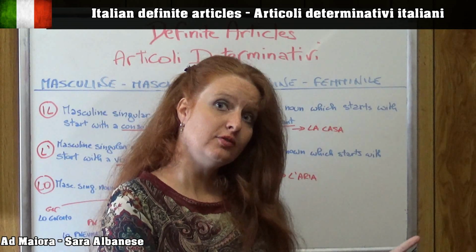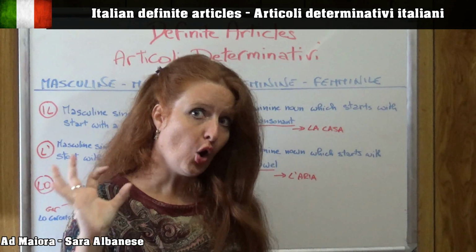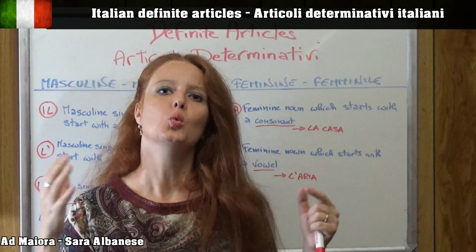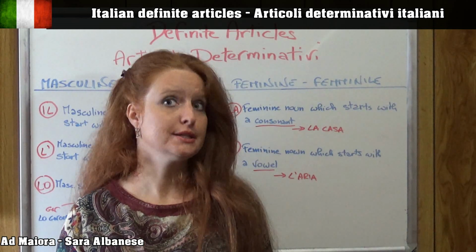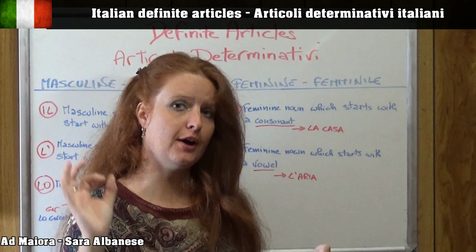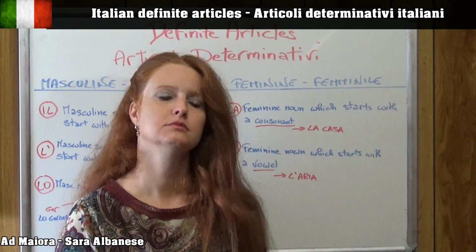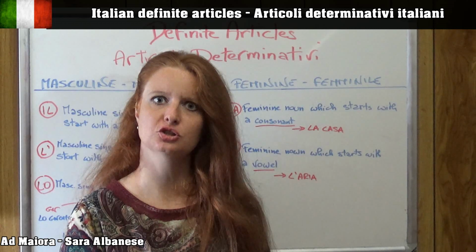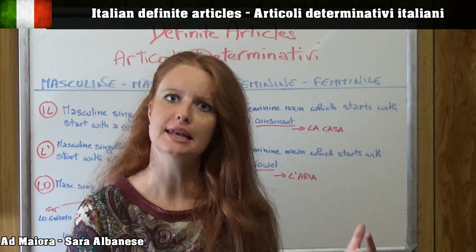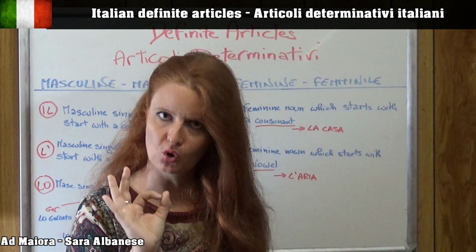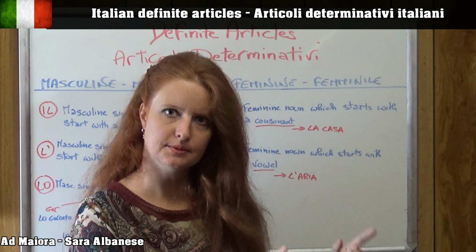But if the final vowel is o, uomo is man, the final vowel is o, then it is masculine. The other word I mentioned before, book, that is libro, final vowel o, it is masculine.